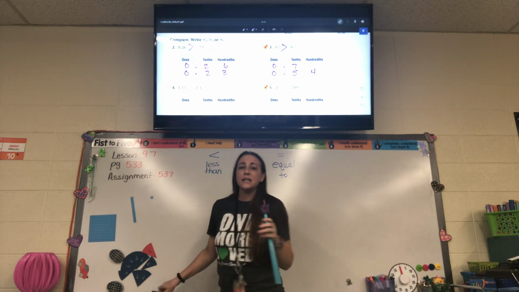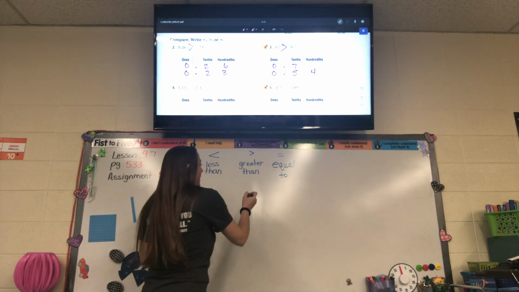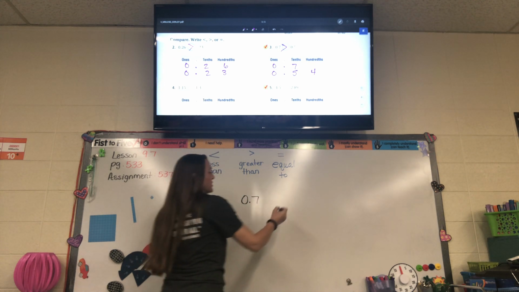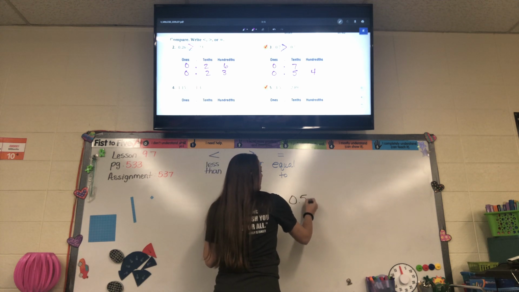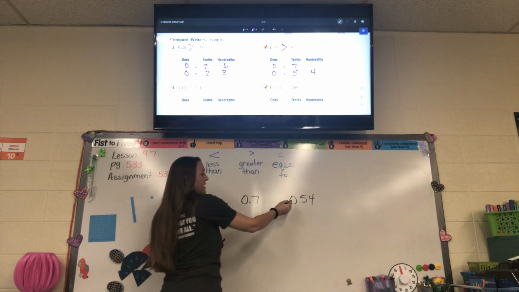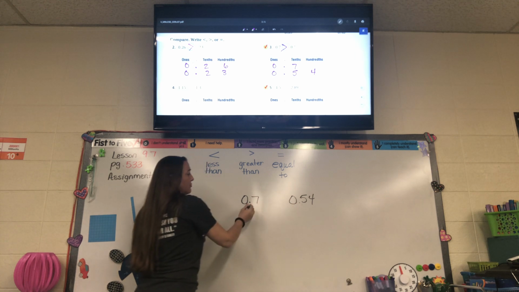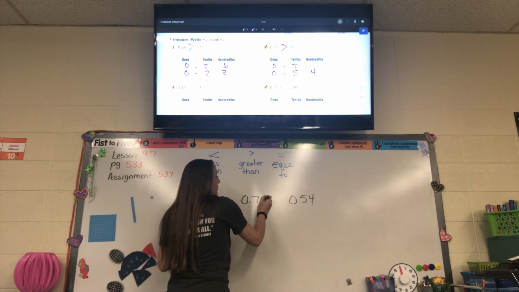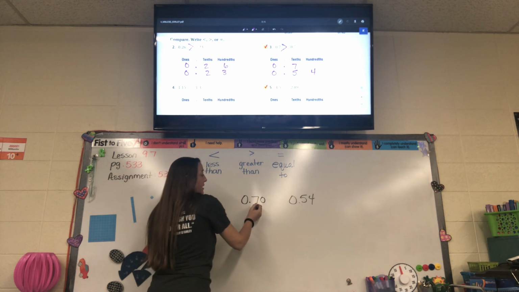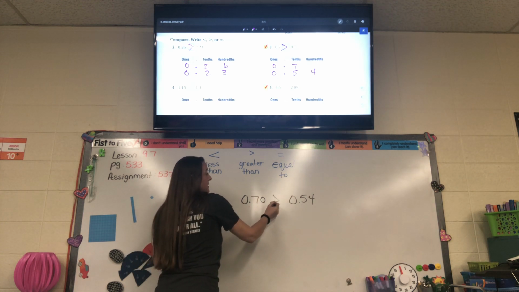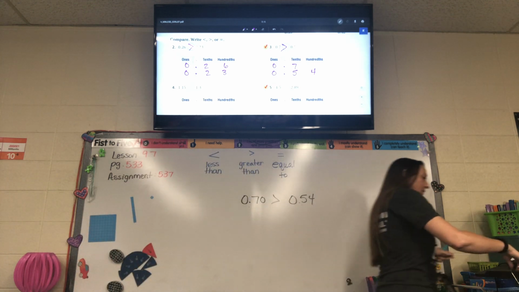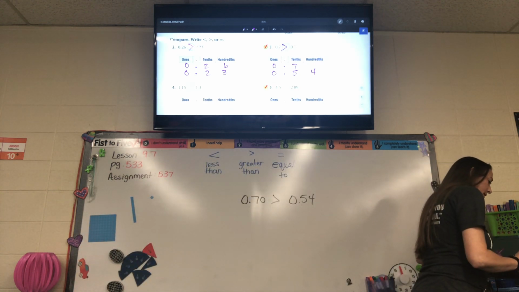A lot of times kids in the past have looked at this and said, okay, so this has 2 numbers in it, but this has 3 numbers in it, so they think that 54 hundredths would be greater than 7 tenths. But if you add your 0 to make this hundredths, it is 70 hundredths, and that's greater than 54 hundredths. Okay?